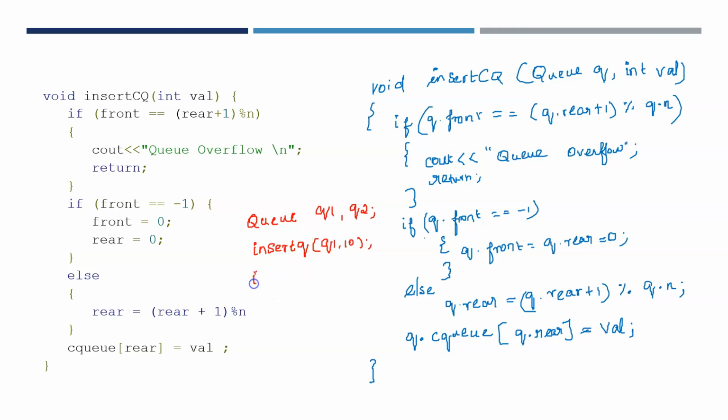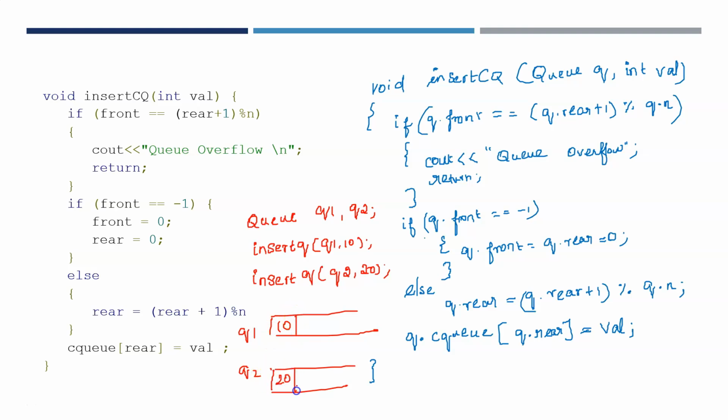I can insert 10 in the first Q and in Q2, 20. So in the same program, I have two Qs. One is Q1, another is Q2, where Q1 contains 10 as the first element, while Q2 contains 20 as the first. So this is how insert Q is performed.